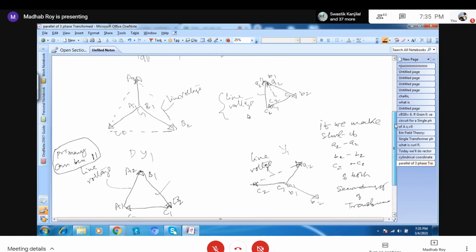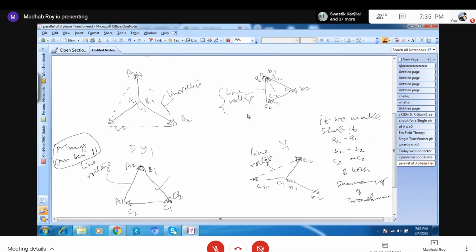So the problem is that these are giving the line voltage.